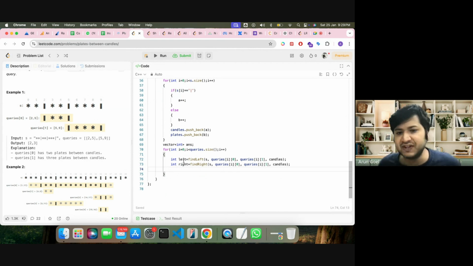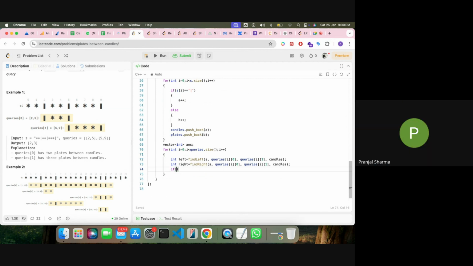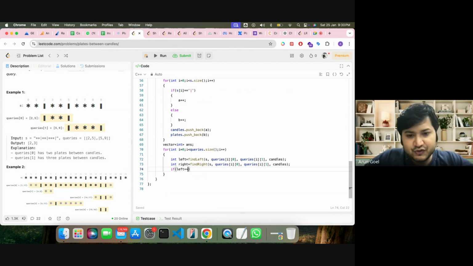Oh, there is only one candle, right? Which cannot like surround any of the plates. Yes or no? 0. Yeah. So if left is equals to -1, or right is equals to -1, then your answer dot push back 0, and we can simply continue.